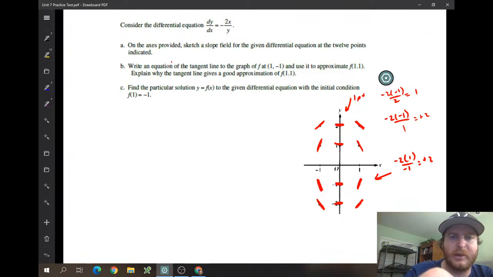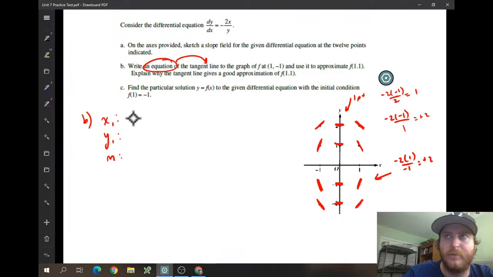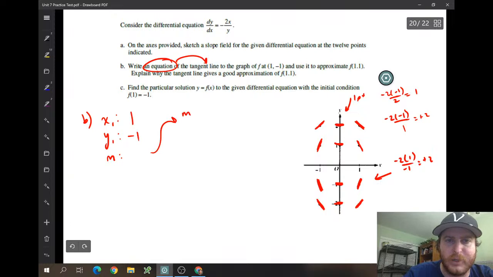B says, write an equation to the tangent line. So not solving it, the tangent line. So on B, we're going to do x1, y1, and m. They give me my x1 is 1, and they give me my y1 is negative 1. And for the m is always going to be the dy dx.